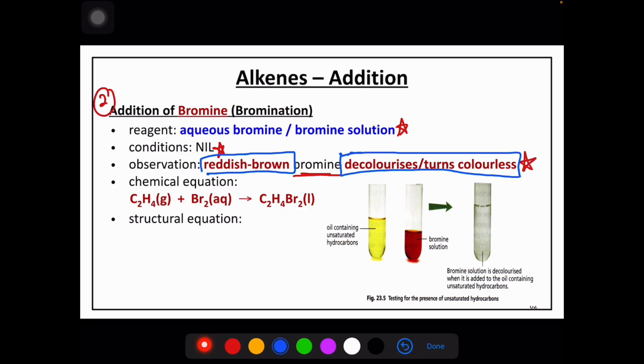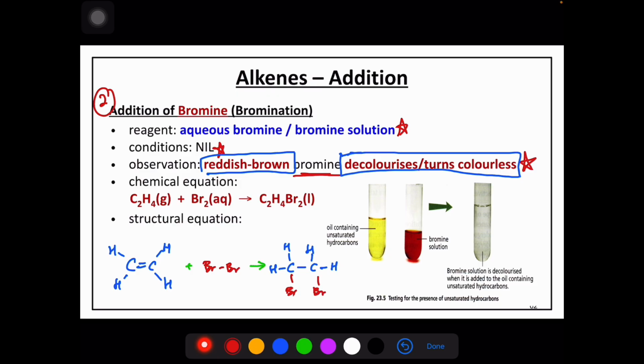In terms of the equation, in terms of the drawing, imagine you have an alkene here. Let's say I use ethene as an example, reacting with bromine. Because it's an addition reaction, the double bond will break, and then you can bring in your bromine individually.